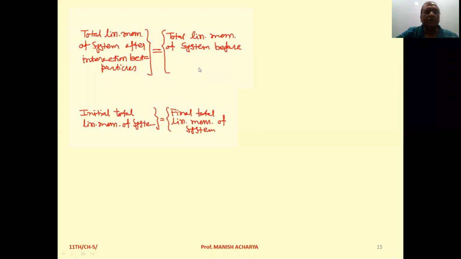Okay, so initial total linear momentum of the system equals final total linear momentum of the system, which represents the law of conservation of momentum, means the momentum remains constant, or we can say momentum is conserved. Okay, clear to all of you?